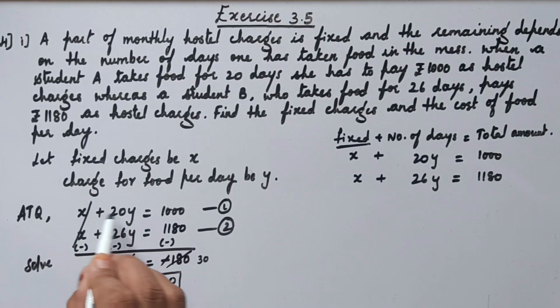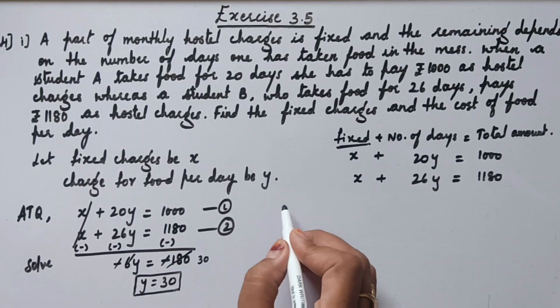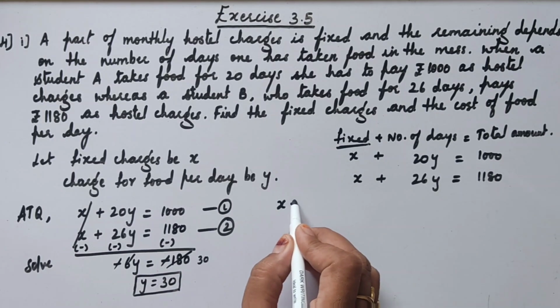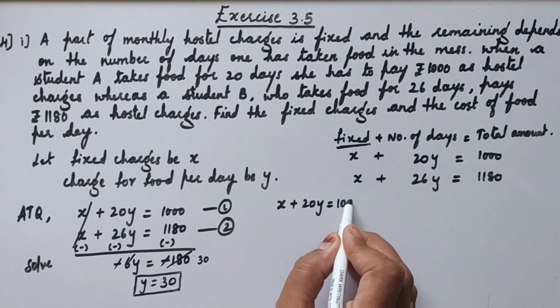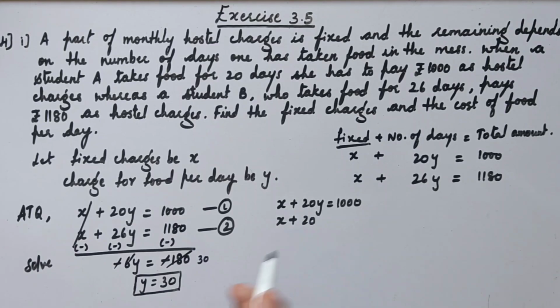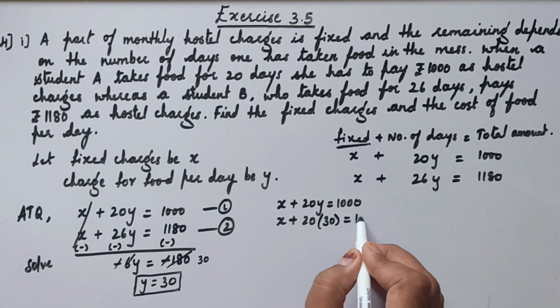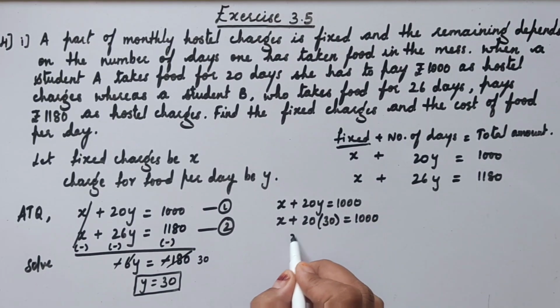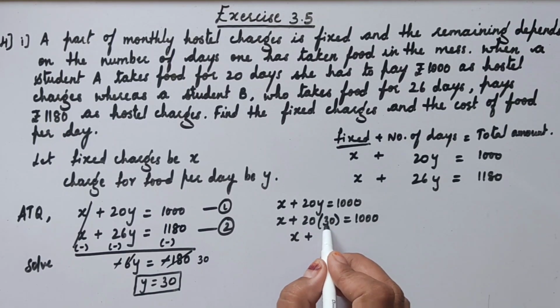Now let me find out the value of x, the fixed charges. x plus 20y equal to 1000. Let me substitute the value of y as 30 here: x plus 20 into 30 equal to 1000.